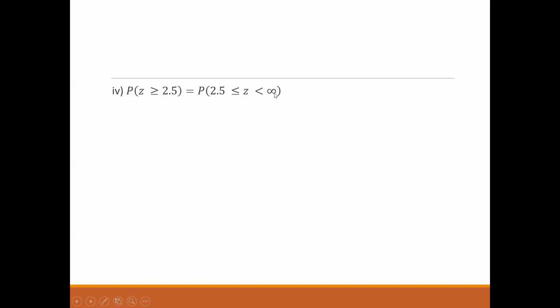So again, if you draw that curve and plot the point, you'll find that the area where I want to find the probability is beyond 2.5, and you can shade that area beyond that up to infinity. So in a way, you can call it the tail part of the positive side.